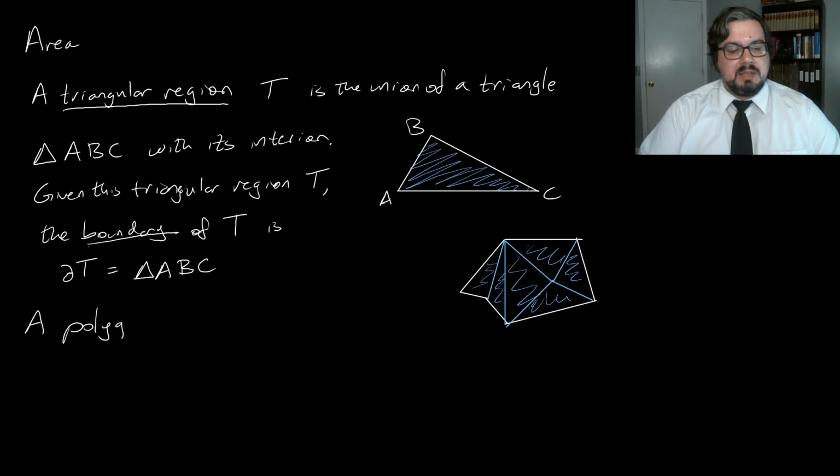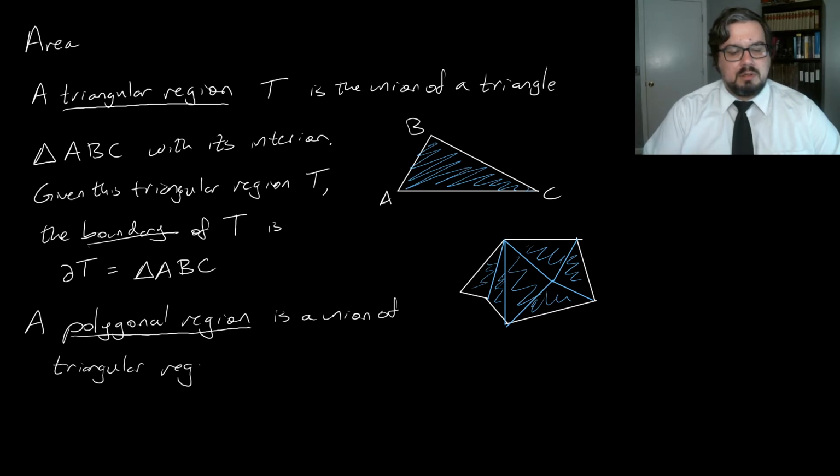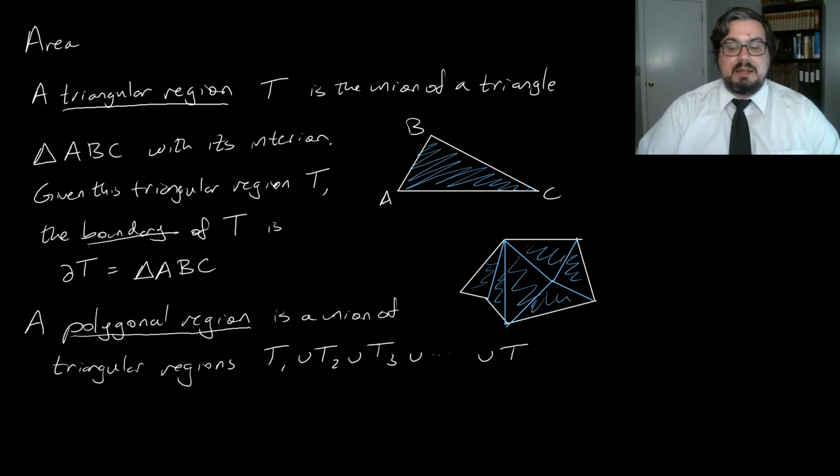A polygonal region is a union of triangular regions. So it'll be something like T1 union T2 union T3, etc., up through Tn. Triangular regions, all coplanar, of course.